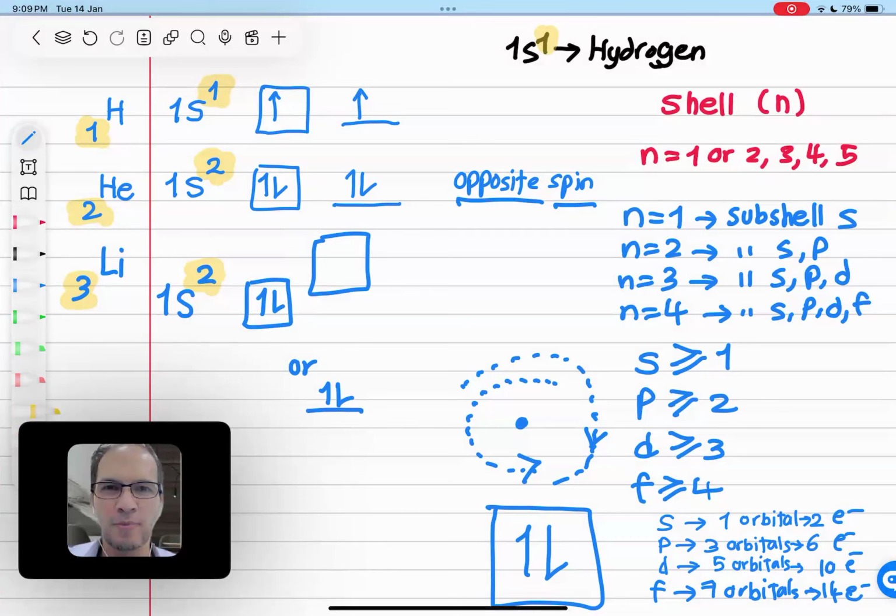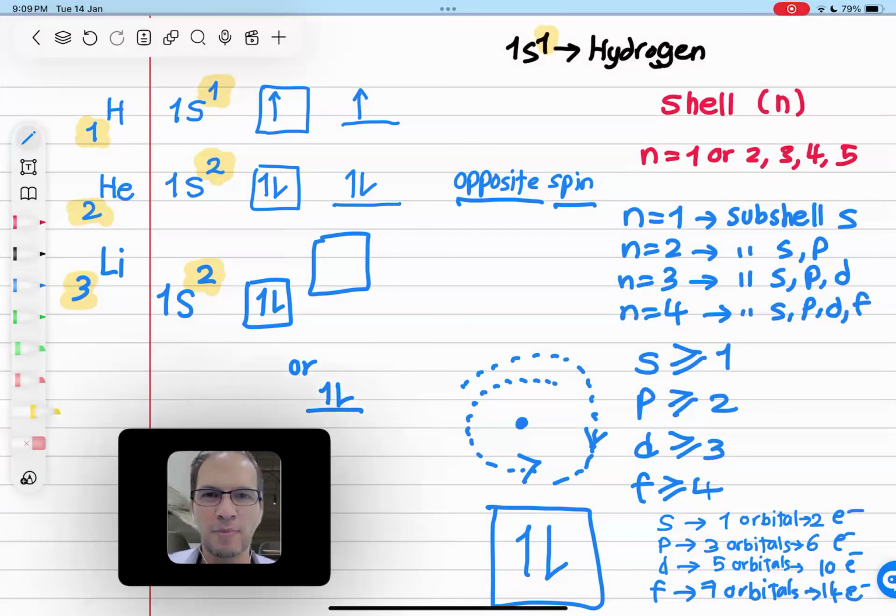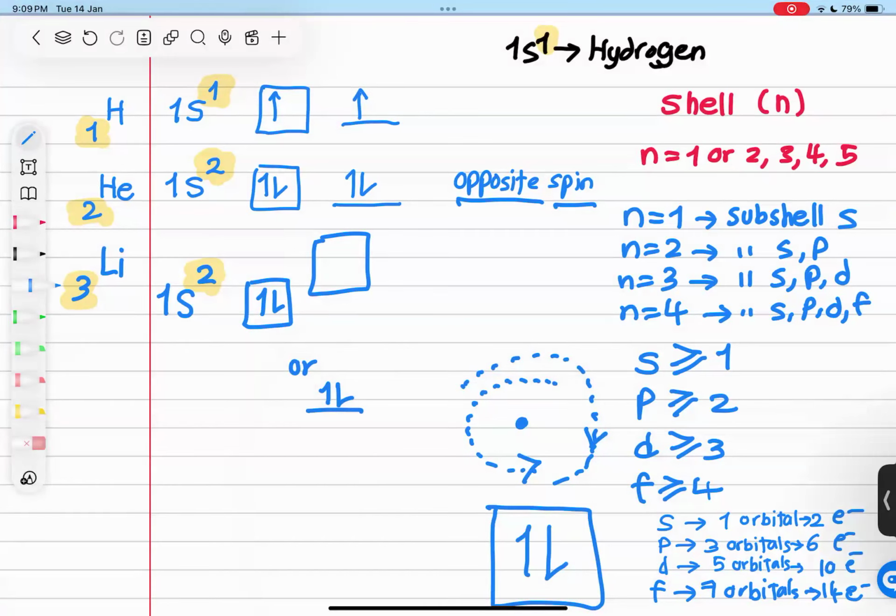The rest we should say 1s2. So in all other elements, you will see me writing 1s2 first, and continuing, of course. Why? Because they contain more than one electron. Only in hydrogen did I stop at 1 because there are no more electrons.